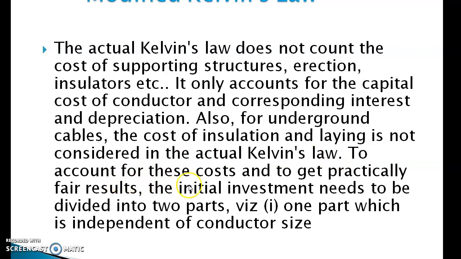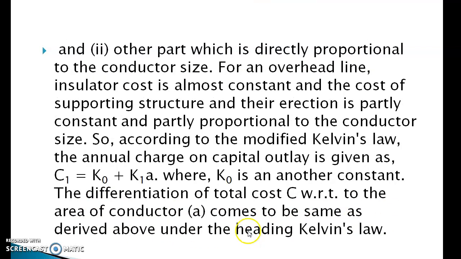To account for these costs and to get practically fair results, the initial investment needs to be divided into two parts. First, one part which is independent of conductor size. Second, the other part which is directly proportional to the conductor size.